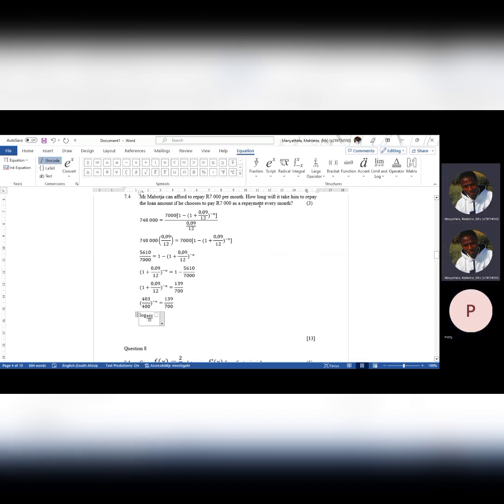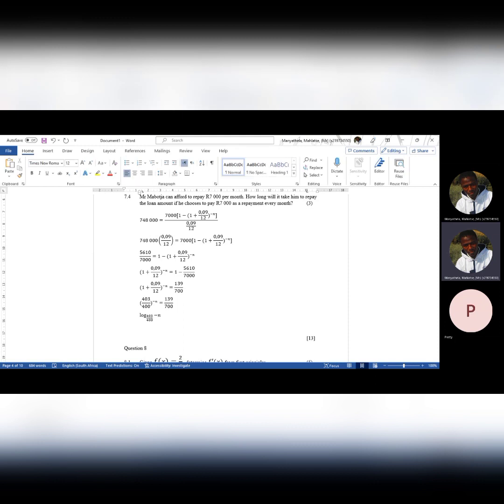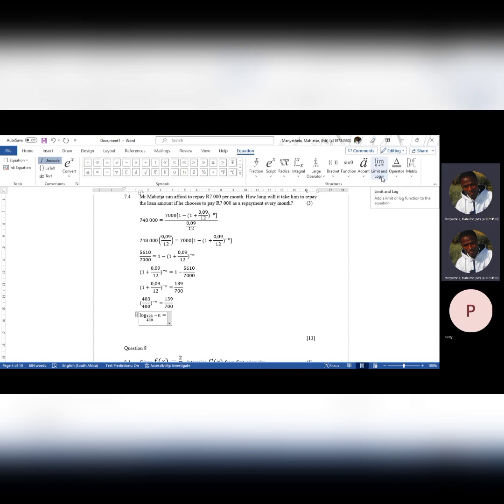So negative n is equal to log 139 over 700 over log 403 over 400.